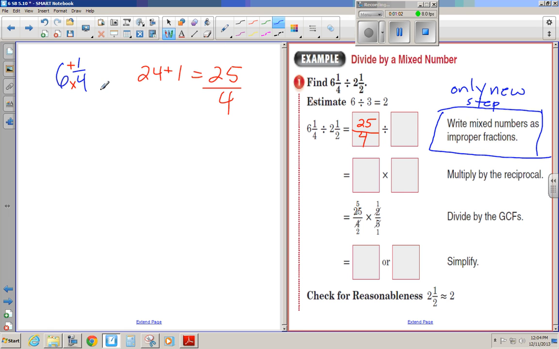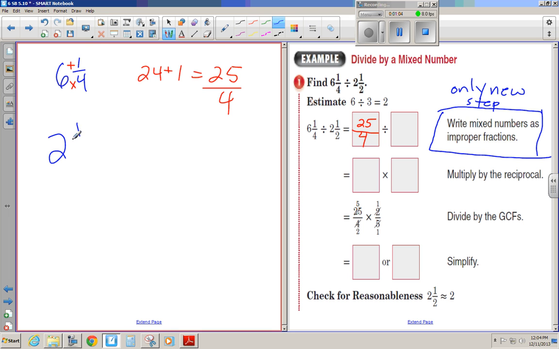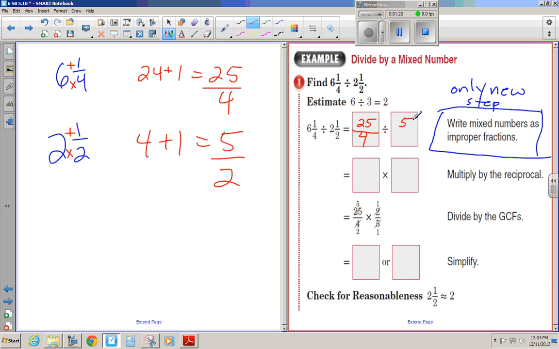Then we have 2 1/2. So you multiply the whole number and the denominator to get 4. You add the numerator to get 5/2. So 25/4 divided by 5/2. Now you are dividing fractions.